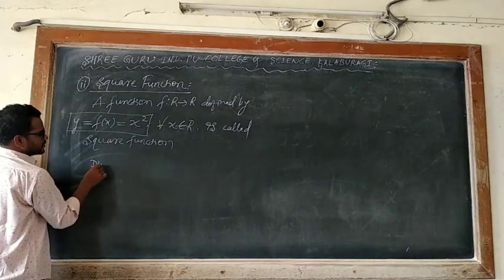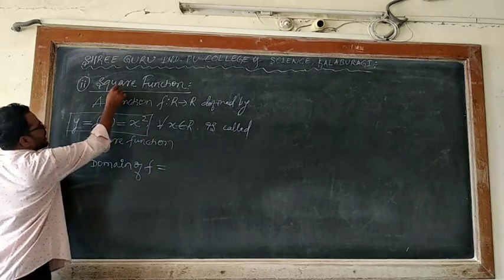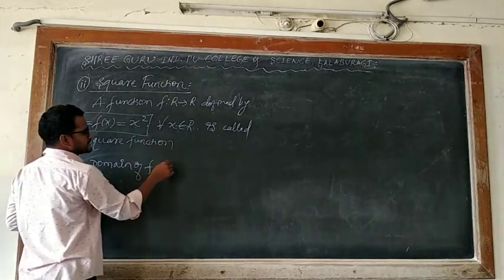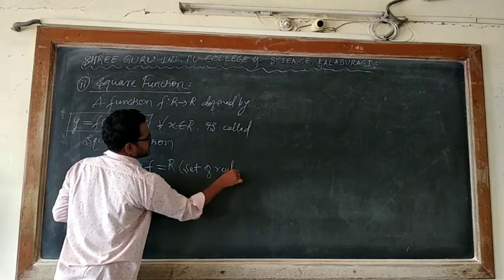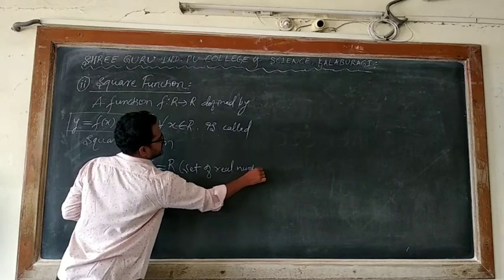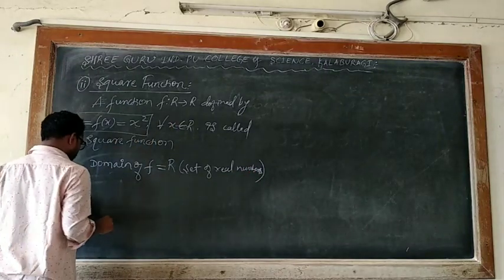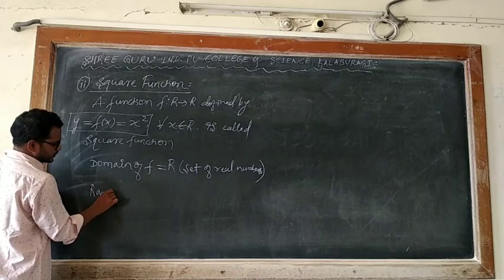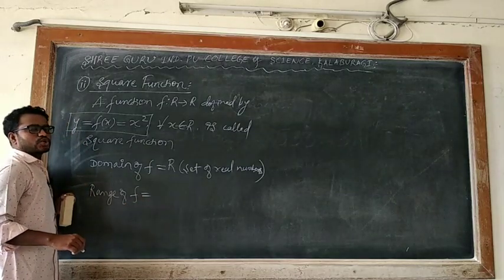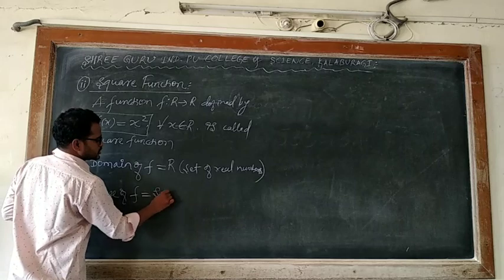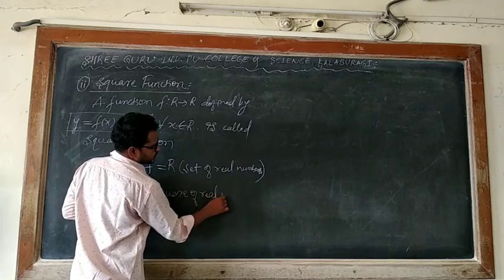The domain of f, meaning the domain of the square function, is the set of real numbers.